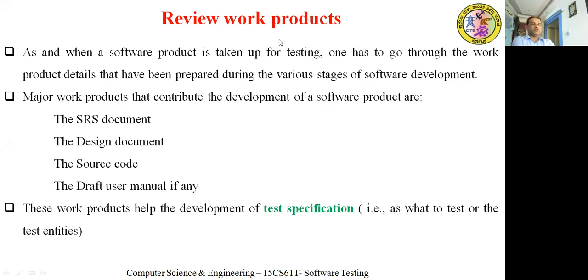You should go through the SRS document, the design document, the source code, and if any manual is there, you should go through it. These work products help the development of test specification, that is, what is to be tested, or the test entities. So that is the first step: review work products.